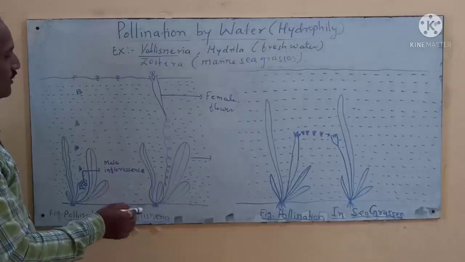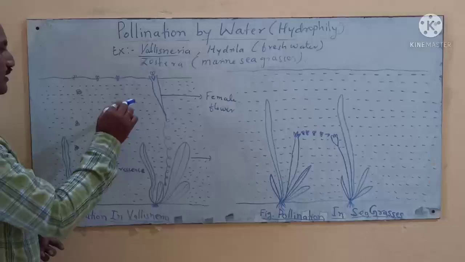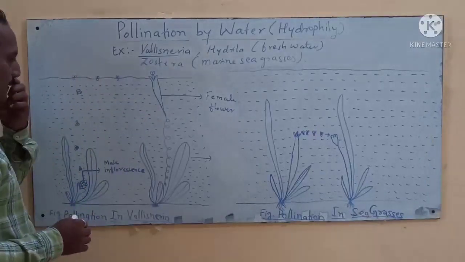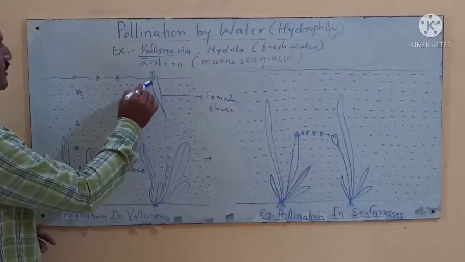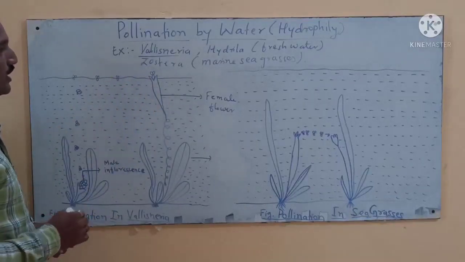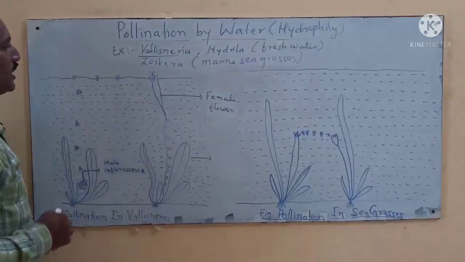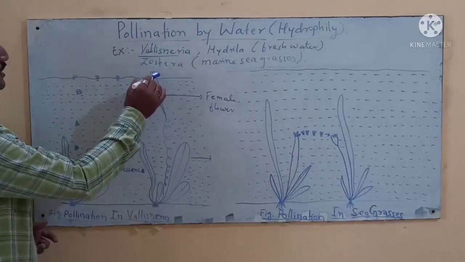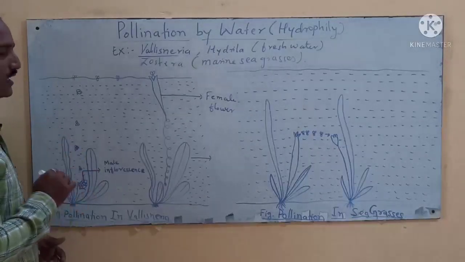Both flowers are present in the same plant. With the help of the stalk, the female flower emerges at the surface of water, and the male flower is present inside the water.